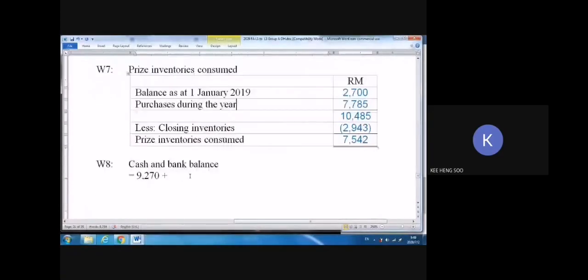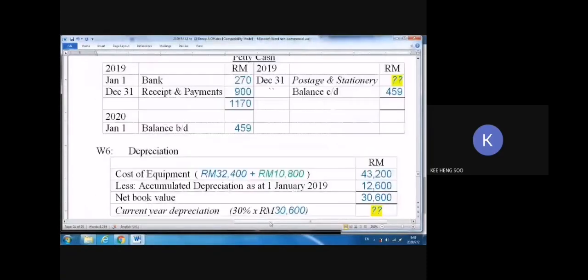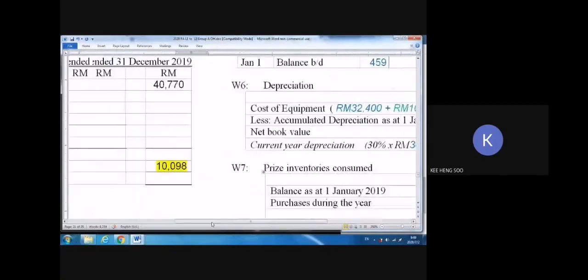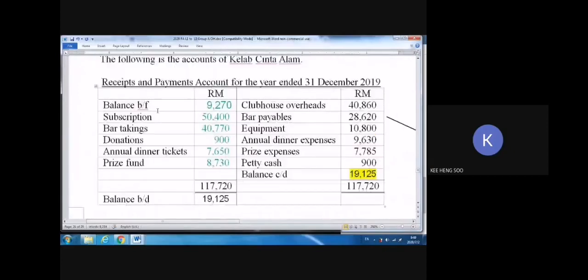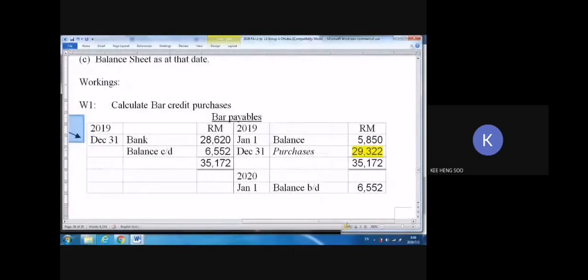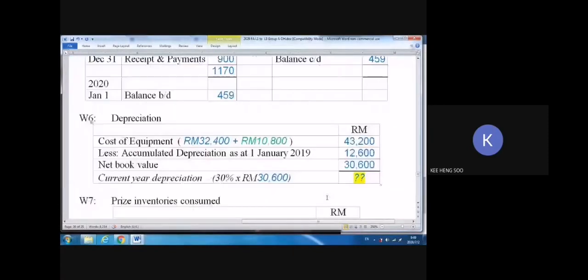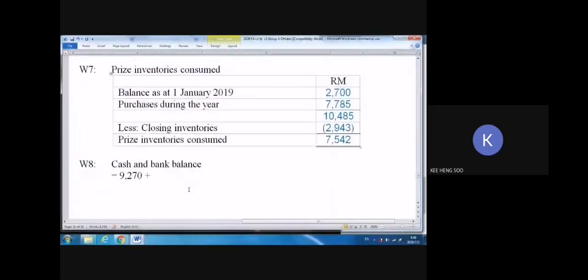Okay, this cash balance just now we got it already. No need to work out again. Remember that I used all the debit side minus all the credit. I get a cash balance already. So that's why the next, working number 8, you can skip. Add all your income minus all expenses, you already got the answer.